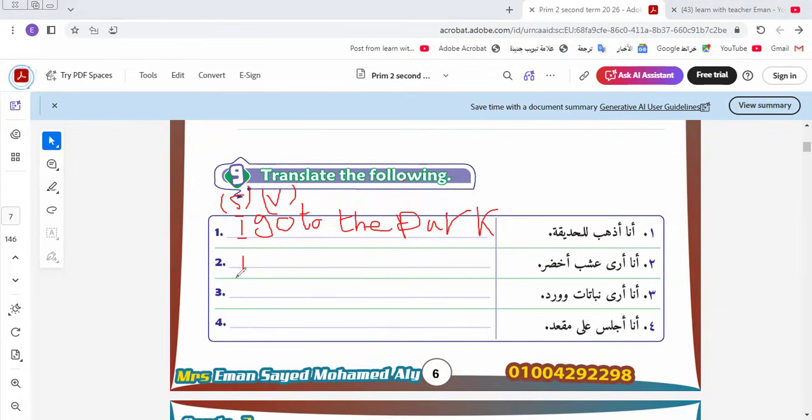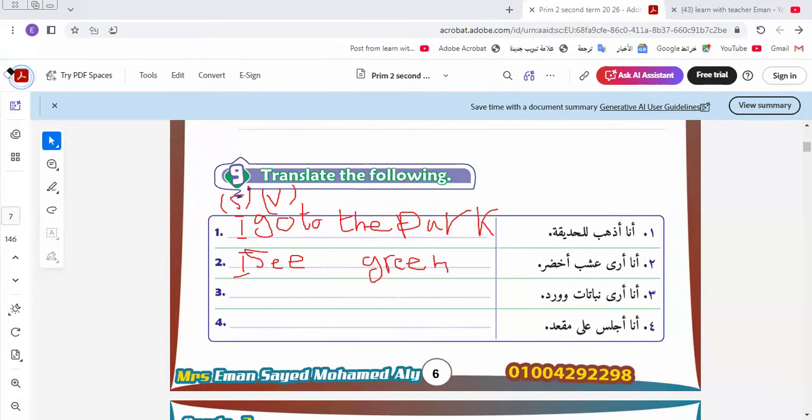So here we say, I see a green grass. I see green grass, not a green grass. So I will omit A here.